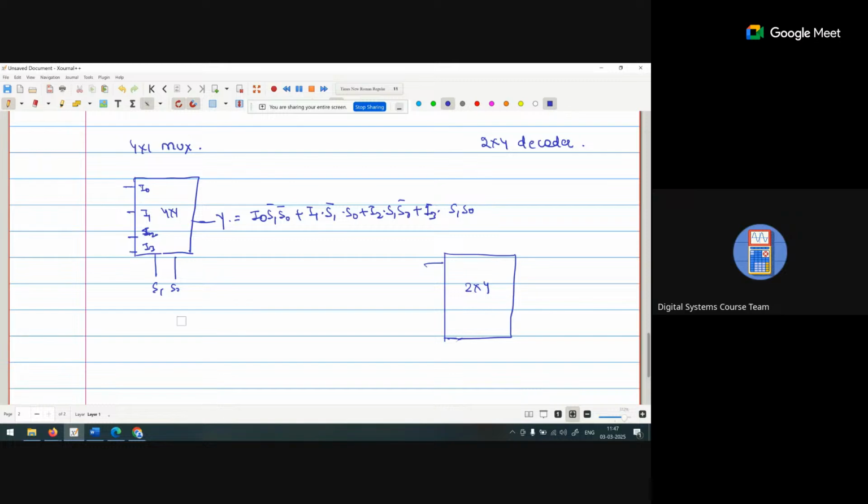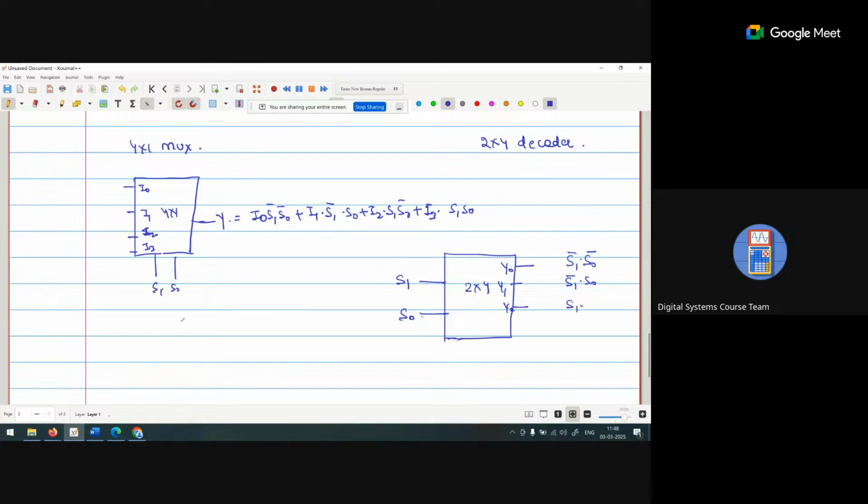it becomes S1 S0. Y0 is when S1 bar and S0 bar. Y1 is when S1 bar and S0.